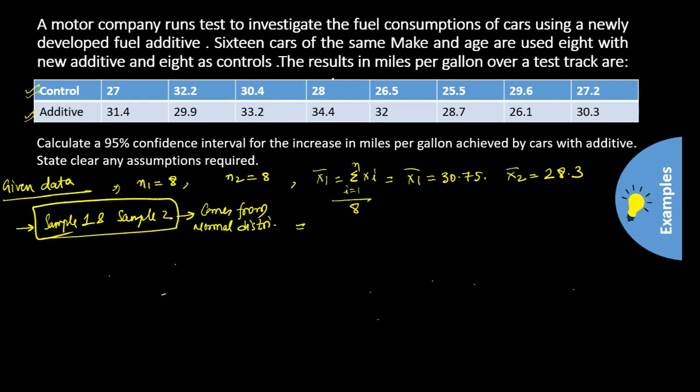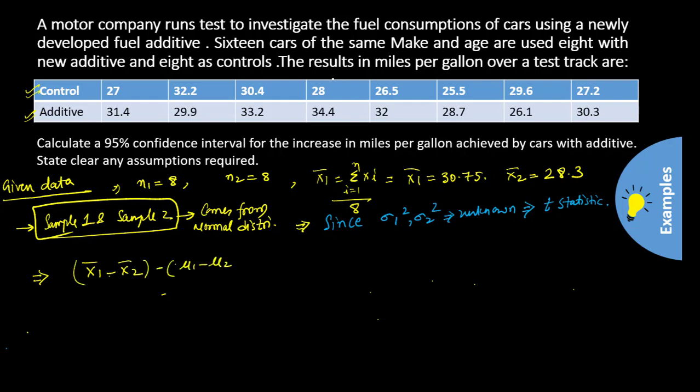So (x1 bar minus x2 bar) minus (mu1 minus mu2) divided by Sp times the square root of 1 upon n1 plus 1 upon n2 would be distributed as a t curve with a degree of freedom of n1 plus n2 minus 2.